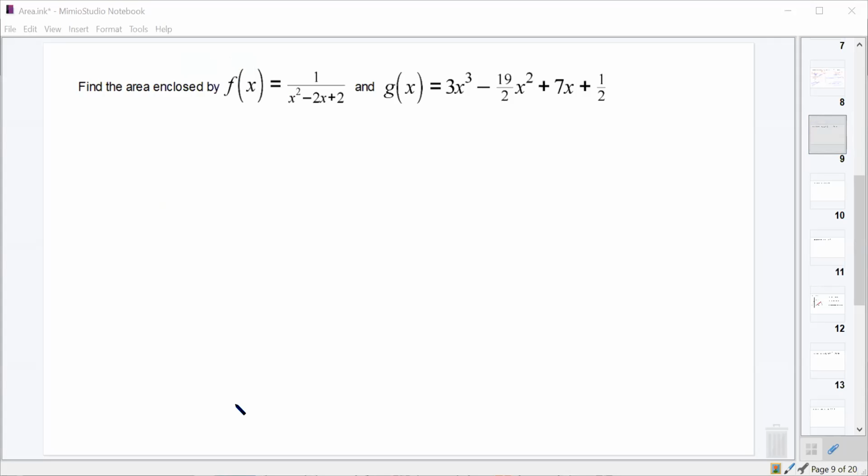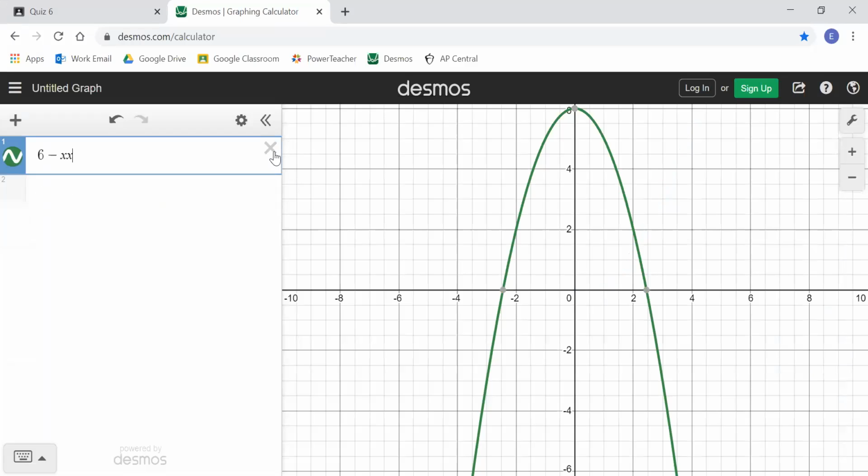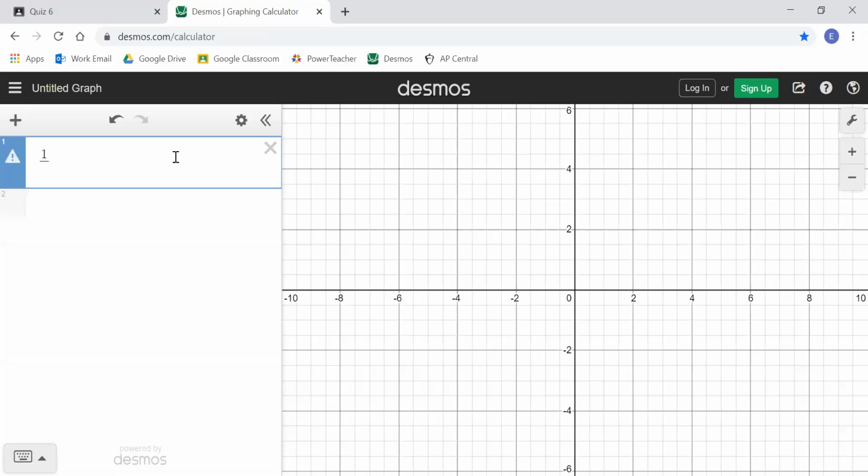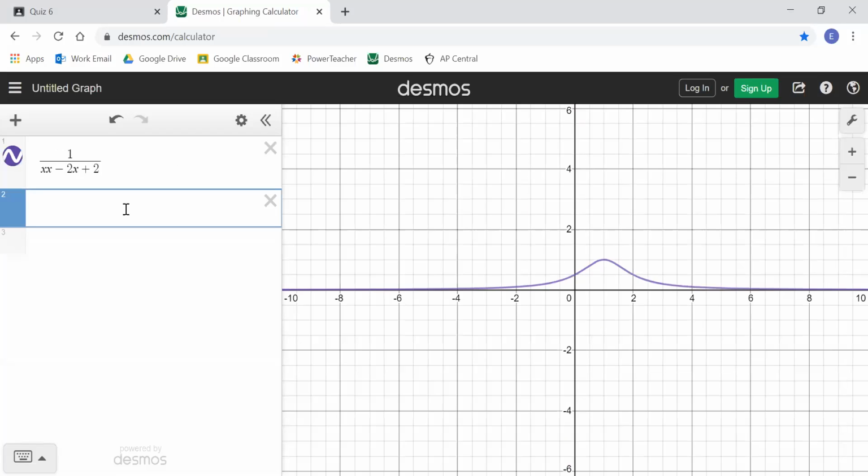First off, we're going to see when these things might intersect. When does f equal g? And since we've got Desmos, we might as well use Desmos for now. Otherwise, you can do it on your graphing calculator. What was it? 1 over x squared minus 2x plus 2, I think. And the other one was a mess.